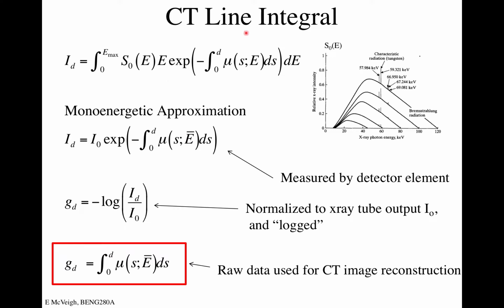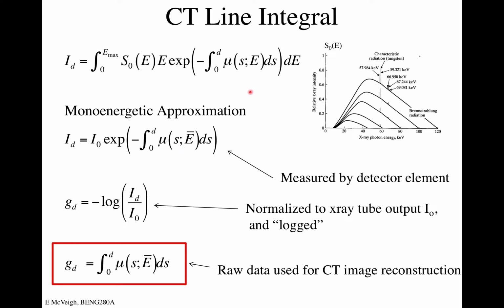So the CT line integral, which we talked about: the intensity at any detector is the integration from the beginning of the X-ray beam to the detector, 0 to D, of the linear attenuation coefficient through space as we go along that line. And then we add up all of the energies, so we do it across energies as well. We're going to do a monoenergetic approximation for all of these, essentially.